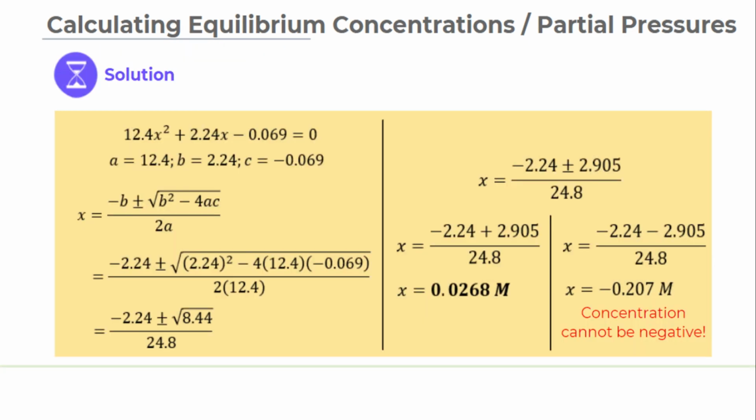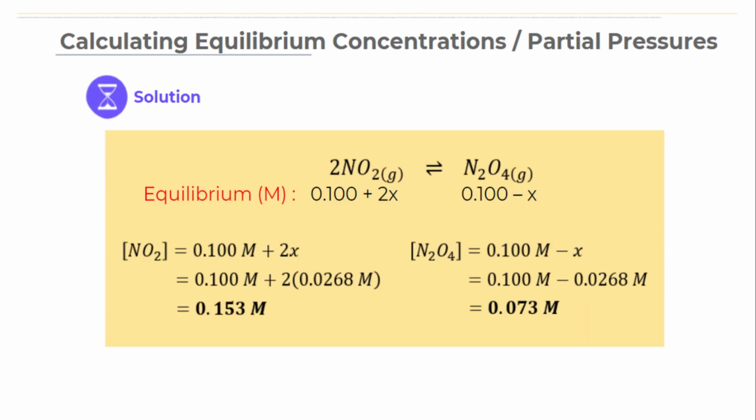Substituting the values of a, b, and c to the quadratic formula, we obtained x is equal to 0.0268 molar or x equals negative 0.207 molar. Let us discard the second value since concentrations cannot be negative. Thus, we will use x equals 0.0268 molar in our calculations.